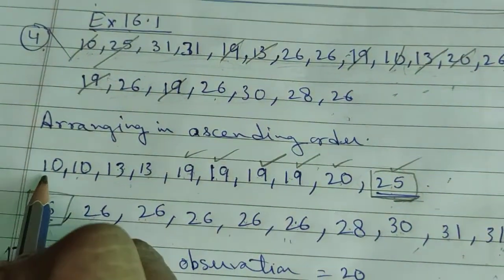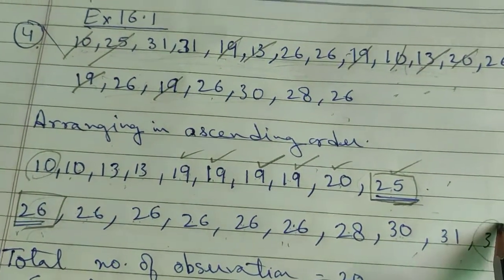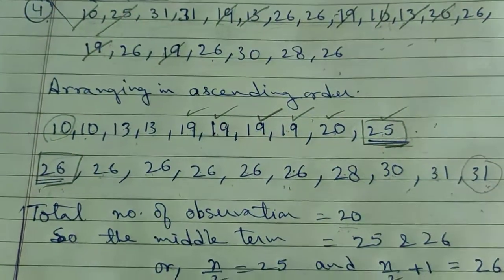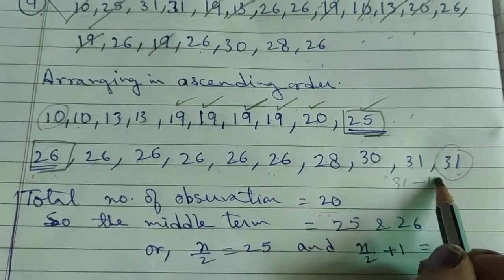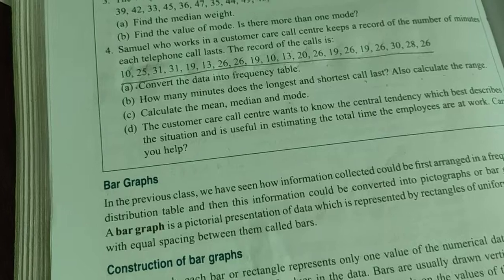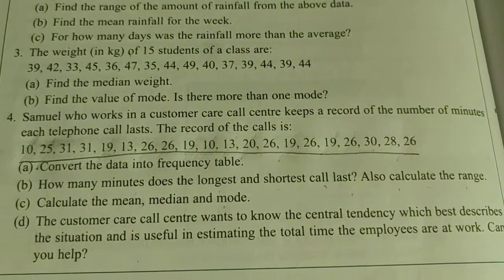The shortest duration will always be the first one, and the longest duration will be the last one. To find the range, you just subtract, and the range will be 31 minus 10, that is 21. Clear? So I hope you have now understood how to find the median if the number of observations is even.